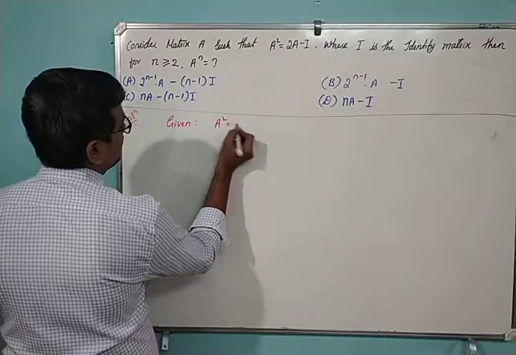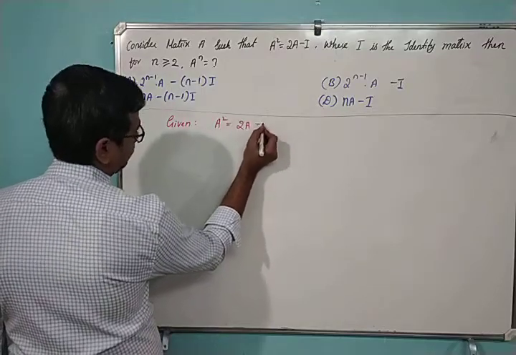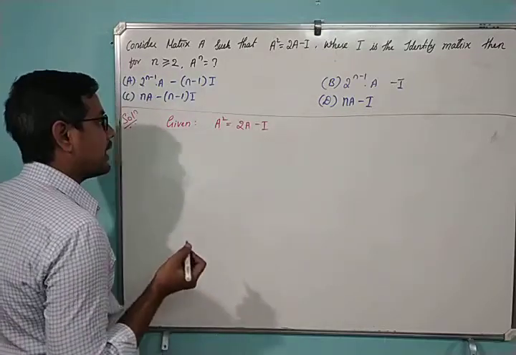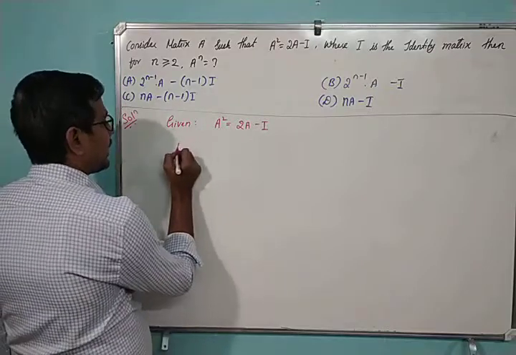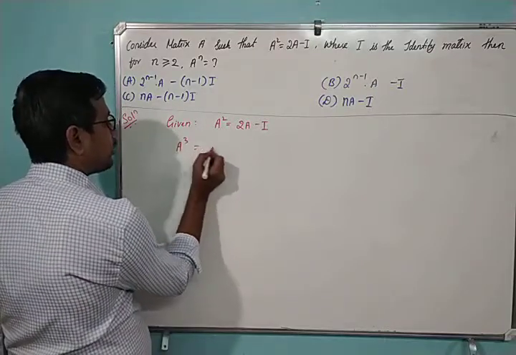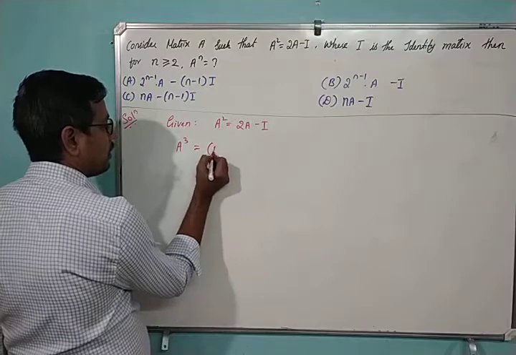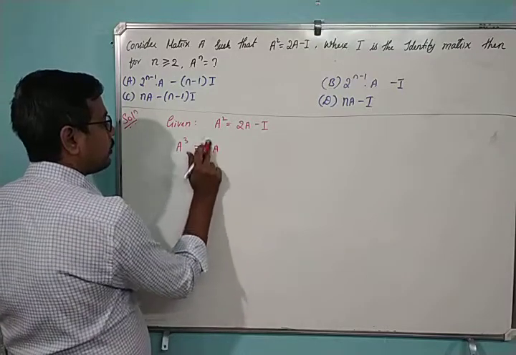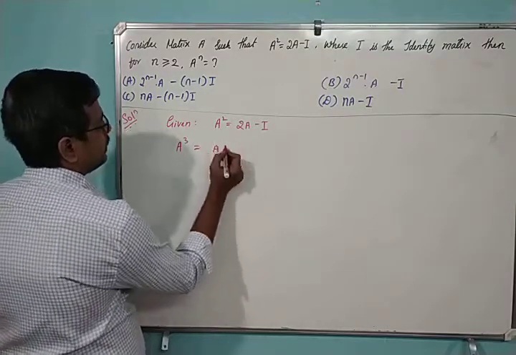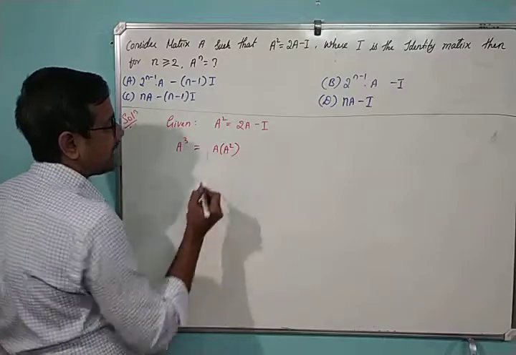A square is equal to 2A minus I, and I can write A cube as A into A square.